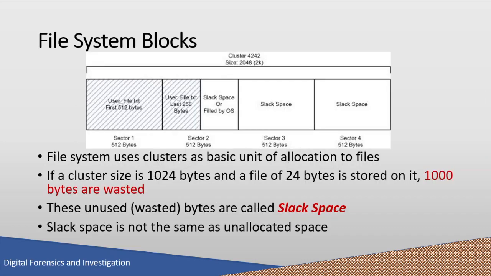There are several features of file systems that are useful from a data recovery perspective. When a file occupies less than one cluster, other files will not be able to use the remaining space in that specific cluster. In short, once a cluster contains data, the entire cluster is reserved.